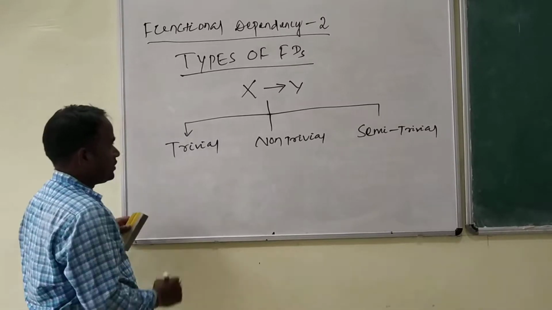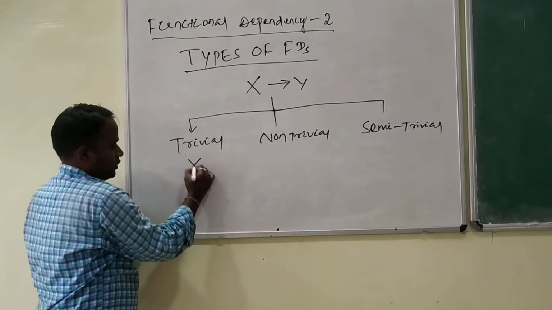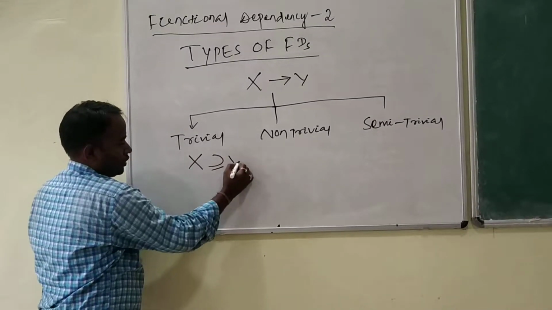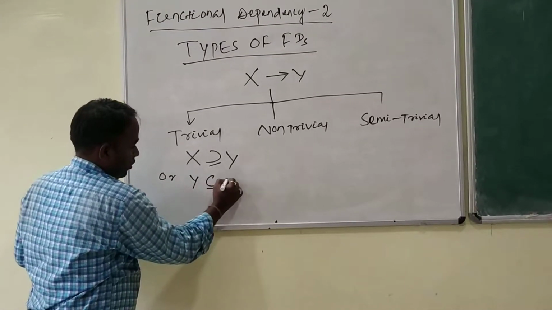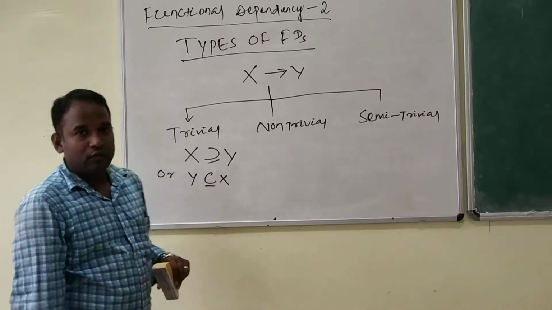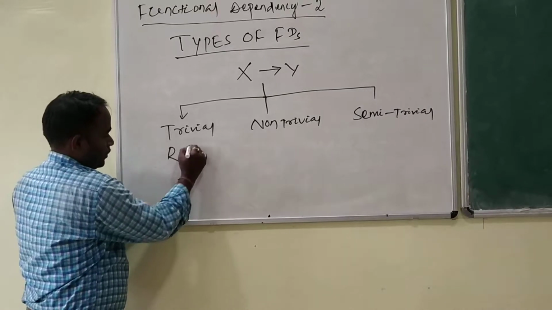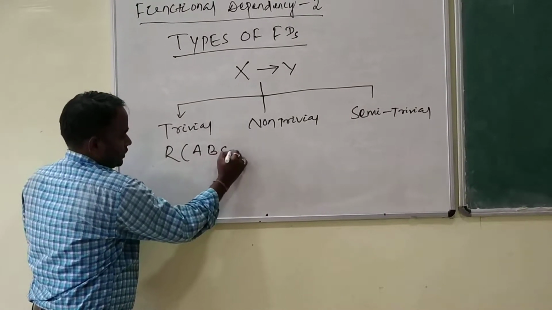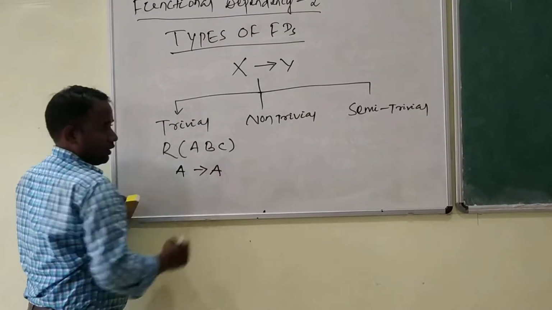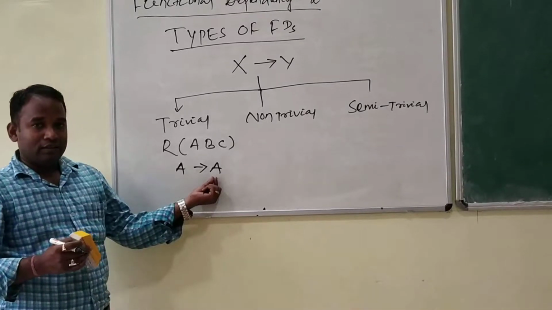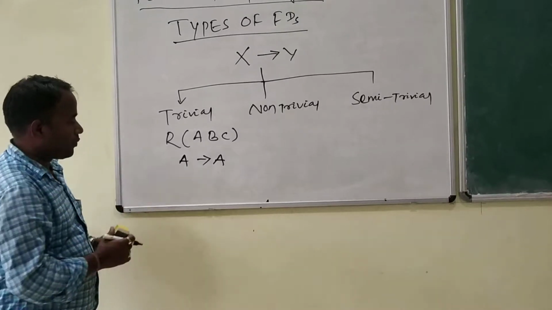Any functional dependency X determines Y will be called trivial if X is a superset of Y, or you can say Y is a subset of X. For example, on a relation R with attributes A, B, C, I can have the trivial functional dependency A determines A. Whenever the right hand side is completely present in the left hand side, it is called a trivial functional dependency.